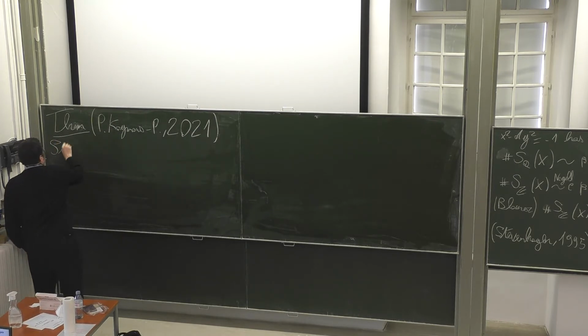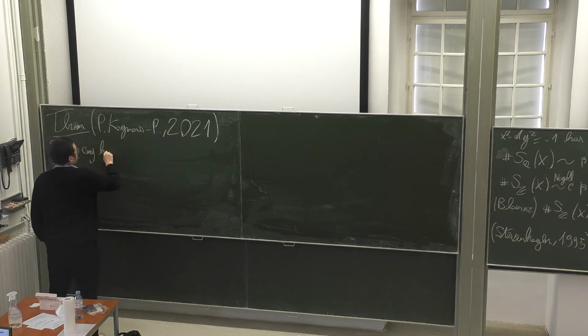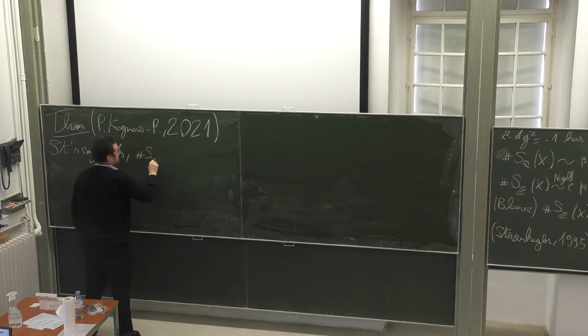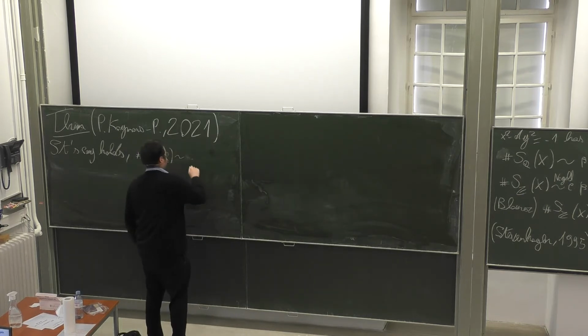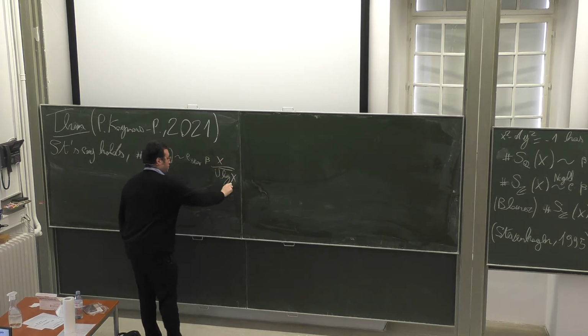So Stevenhagen's conjecture holds, namely, you have SCX is indeed that funny constant, which let me call it for brevity C Stevenhagen, times beta x over root log x.